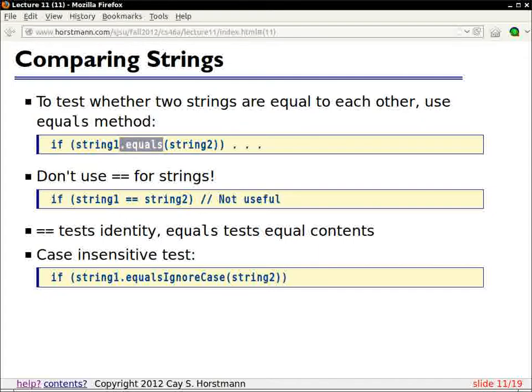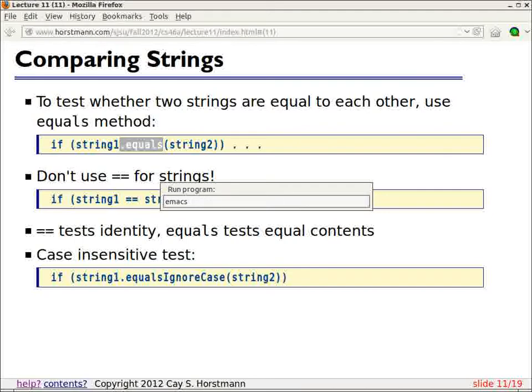So let me just briefly demo this so that it becomes believable. BlueJ.